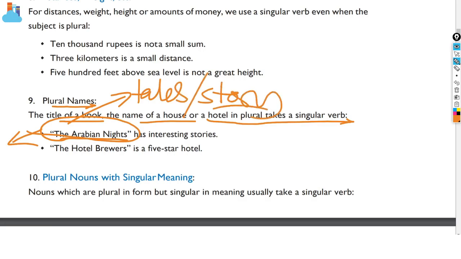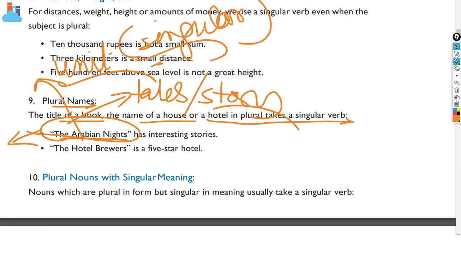We are considering all this as a unit. And because a unit is singular, this will be taking a singular verb. The Arabian Nights has interesting stories, not have.